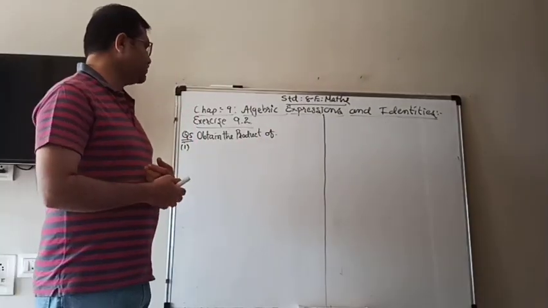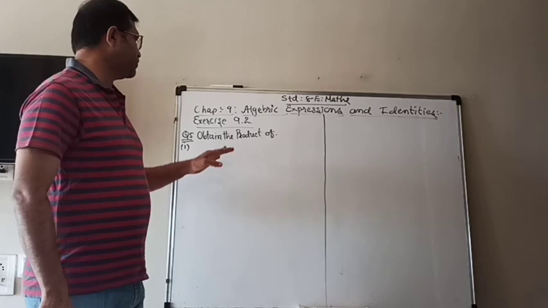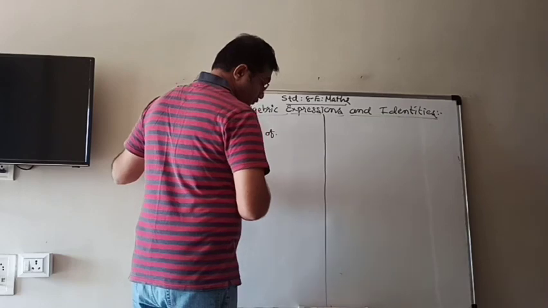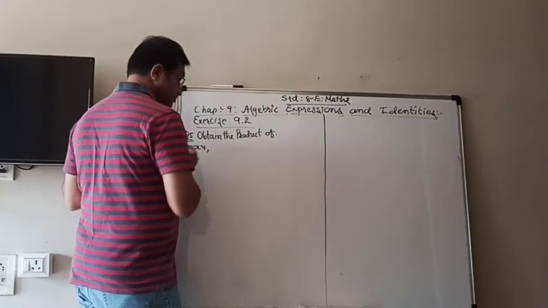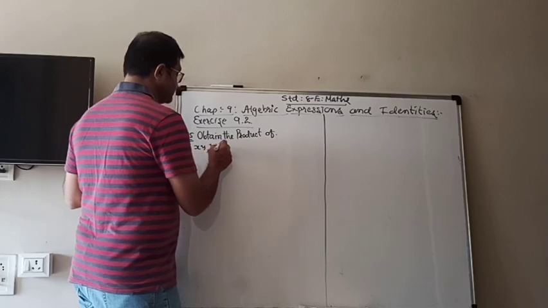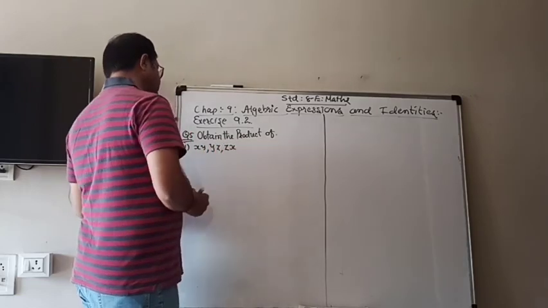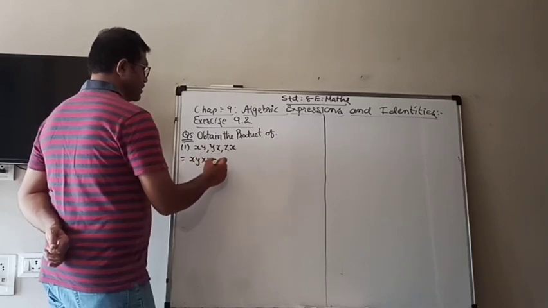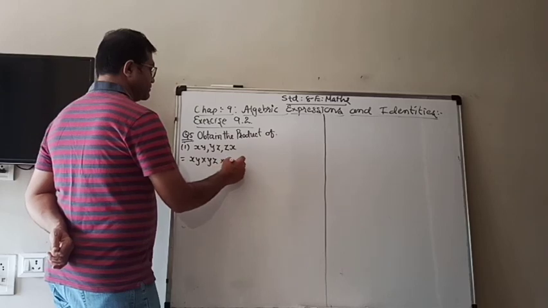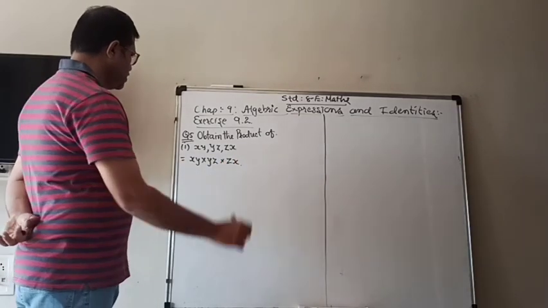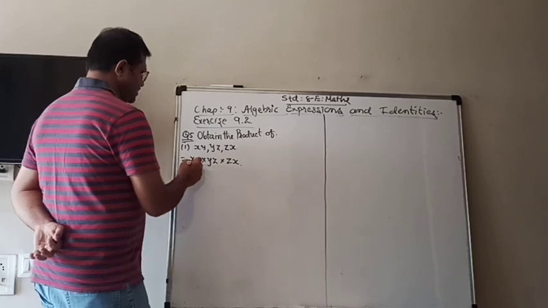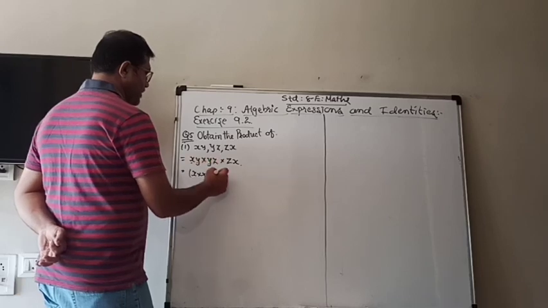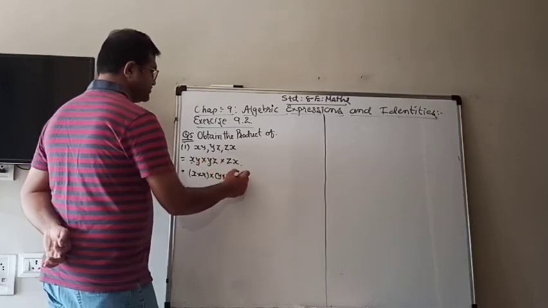Now the fifth question, obtain the product of the collection given. First is xy, yz, zx. So now xy multiplied by yz multiplied by zx. Here there is x and x, so we will write them together, y and y are there, and z and z are there.